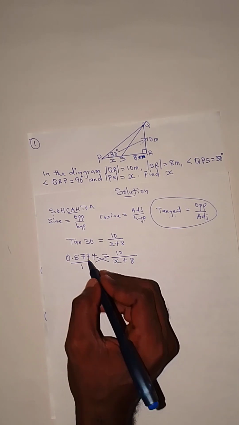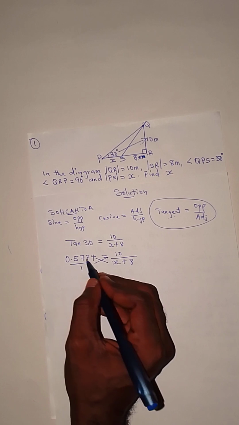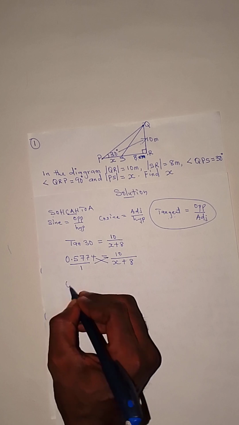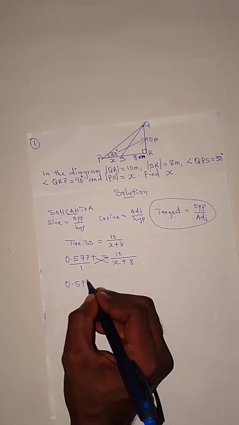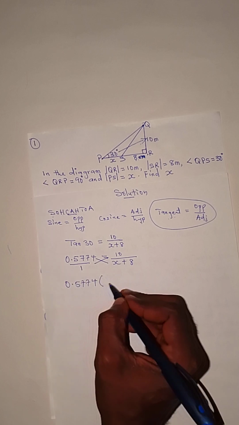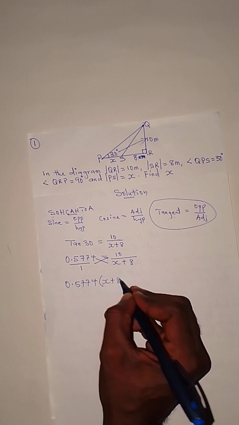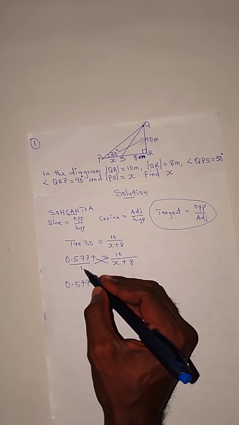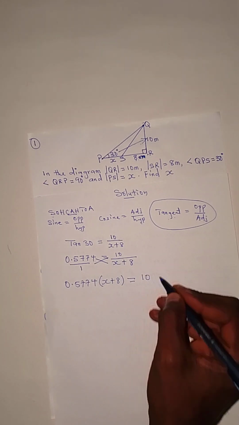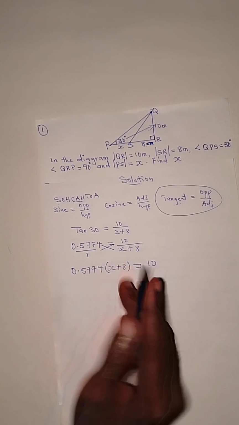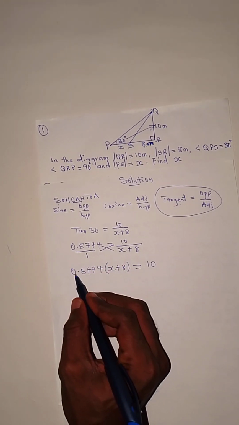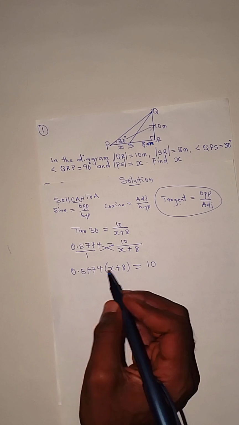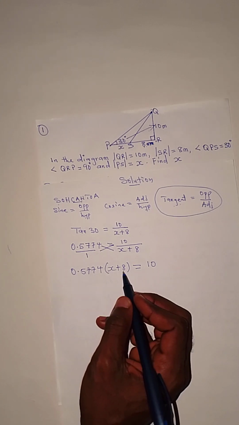Okay, so if we cross multiply this 0.5774 by this x plus 8, we are going to have 0.5774 times x plus 8 equal to, cross multiply 10 by 1. 10 times 1 will give us 10. So now at this point, we are going to multiply this 0.5774 by x and also multiply it by this 8.